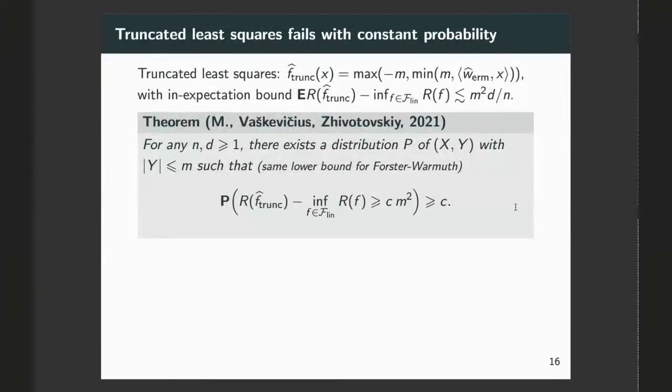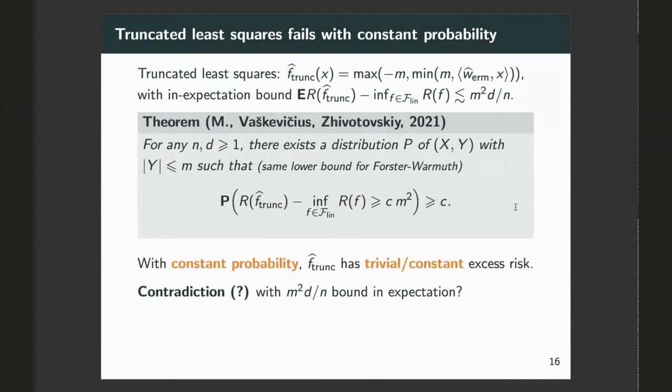It's of constant order, of order m squared, which is the same risk as the trivial zero function. And this excess risk doesn't decrease with n. So what this statement says is that with constant probability, the truncated least squares can have a constant excess risk, so a trivial performance.